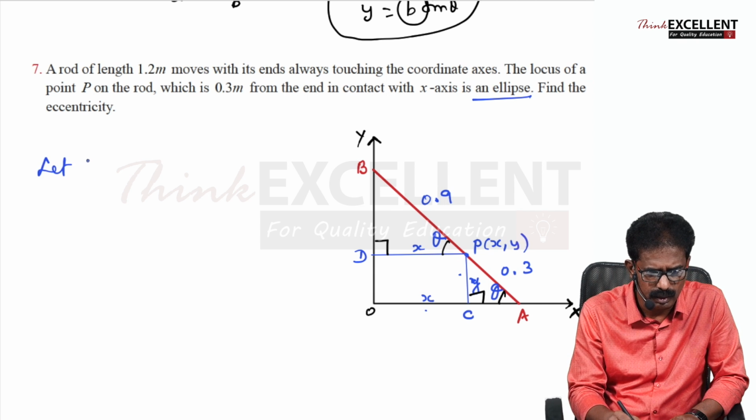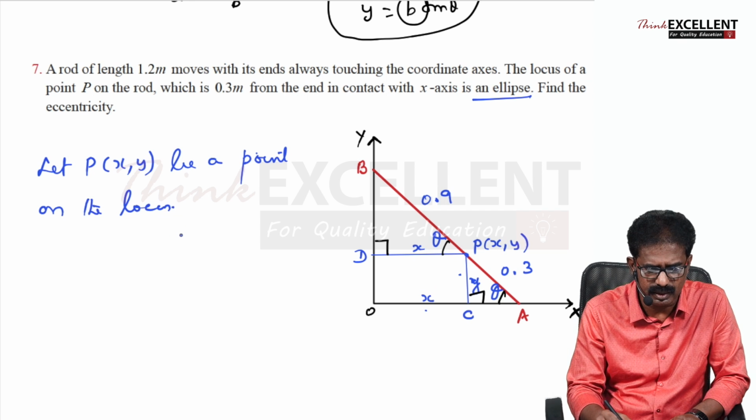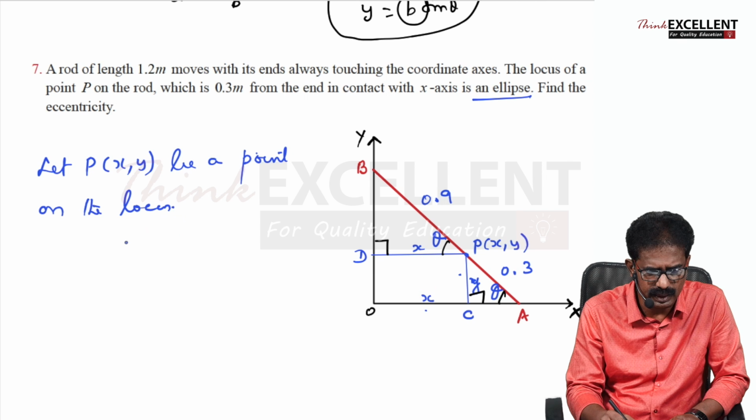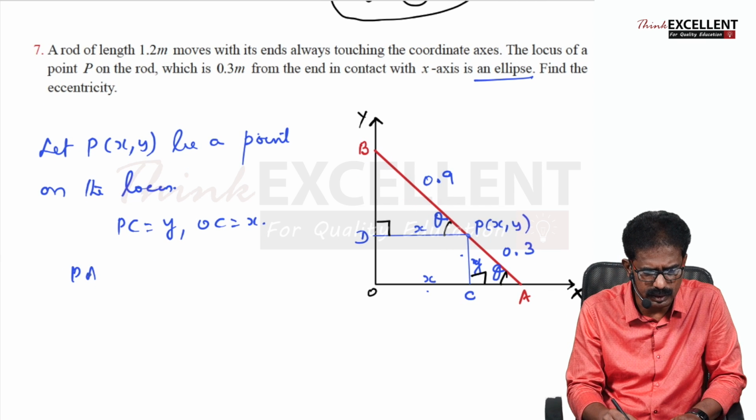So let P(x, y) be a point on the locus, right? Its locus only we have to find. So you know PC is equal to y, OC is equal to x, and PA equal to 0.3. From the diagram you can mention all these things, and PB is equal to 0.9.